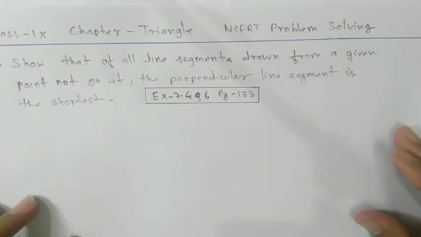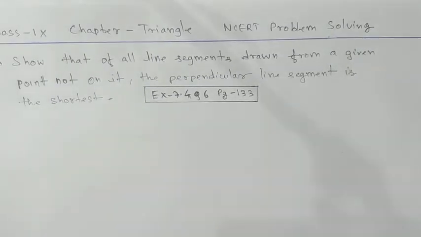here we have. So in this case also we don't have the diagram, we need to draw by ourselves, so that all the lines, let's try to understand what they're saying.